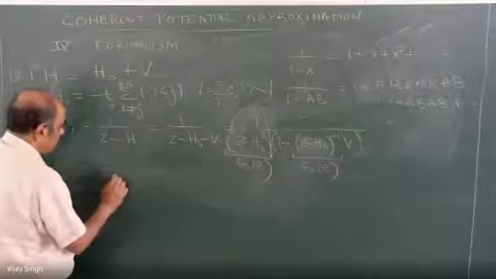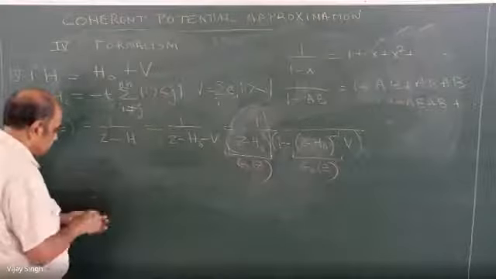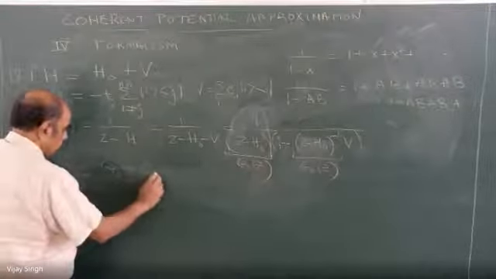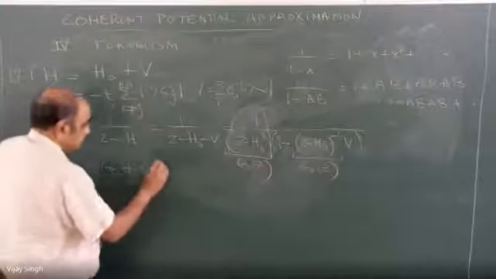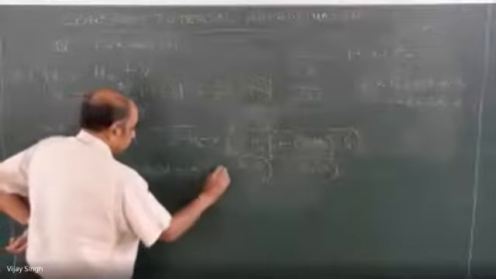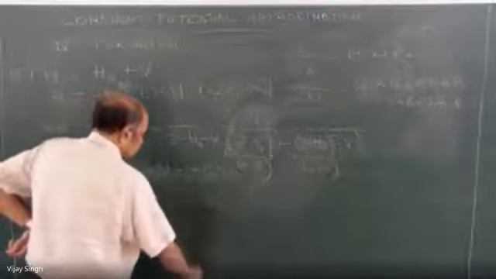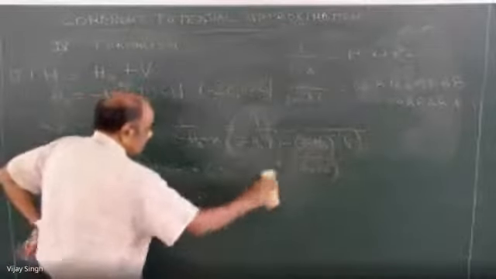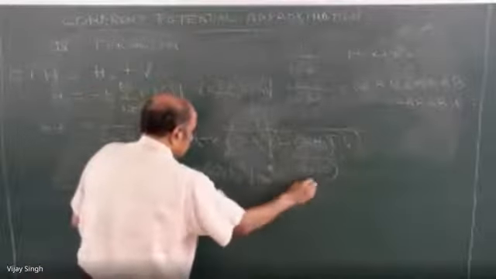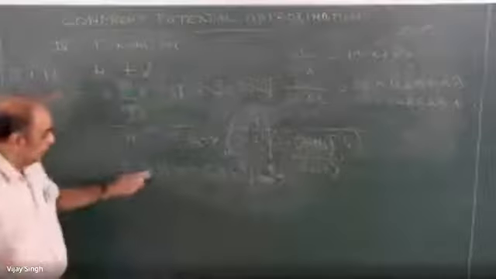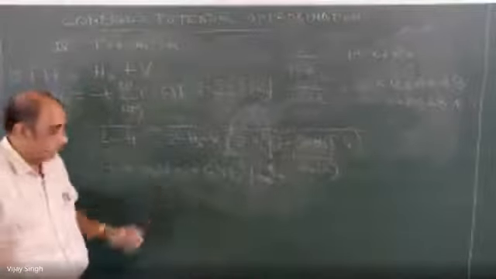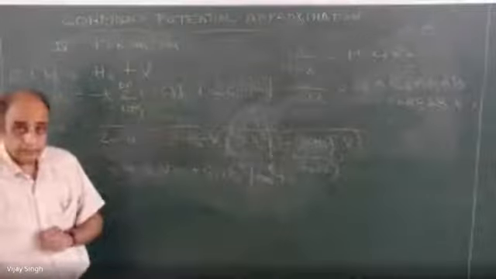G0. The z argument here is assumed. It's there, all of the terms.